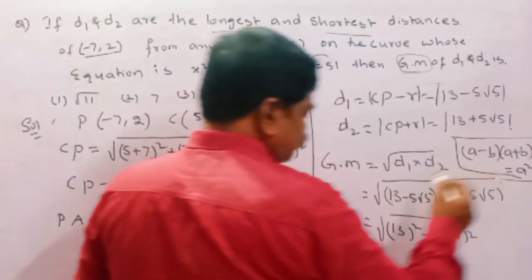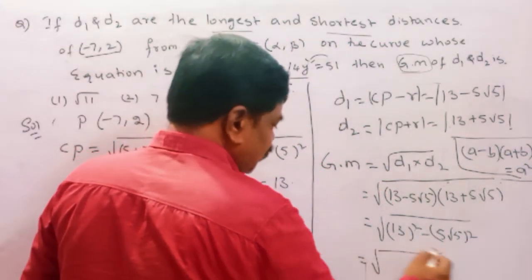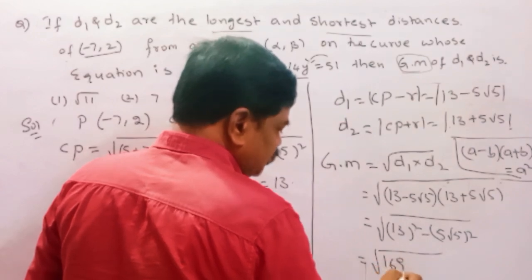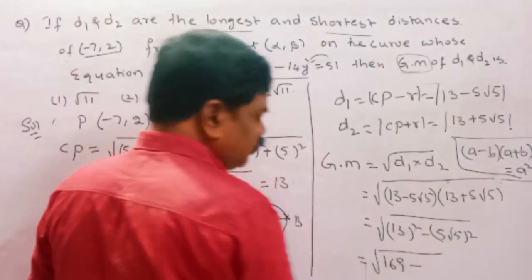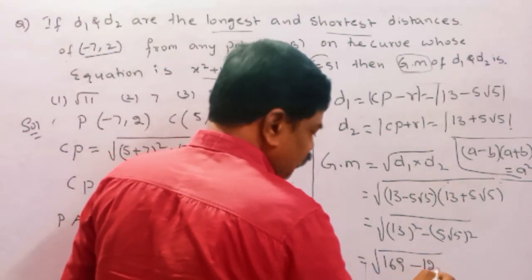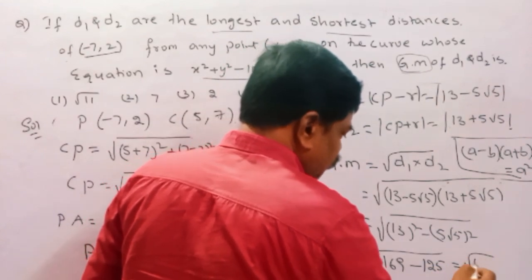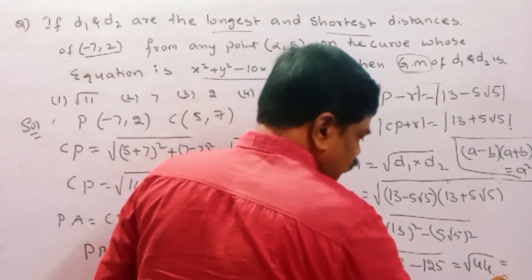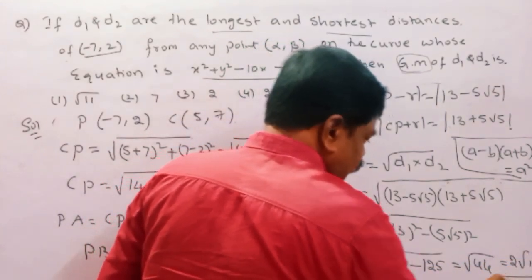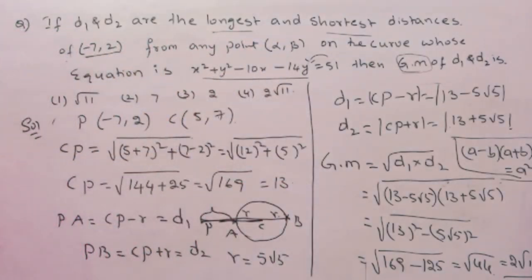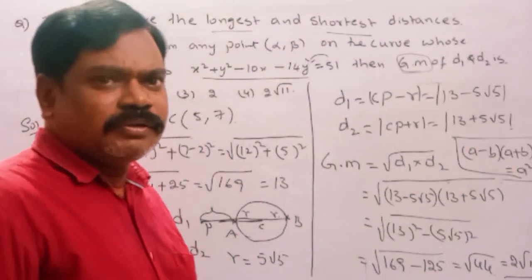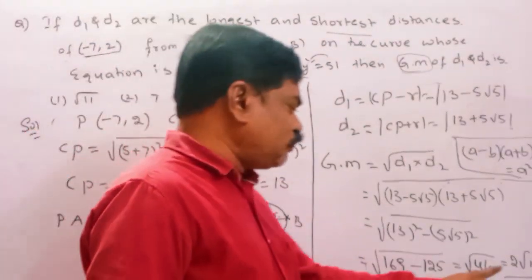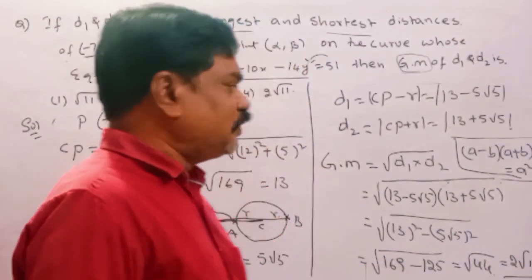By using this formula, what is 13 whole square? 169. What is 5 root 5 whole square? 125. So 169 minus 125 equals 44, and root 44 equals 2 root 11. 44 can be written as 4 into 11, so root 4 is 2, giving 2 root 11.